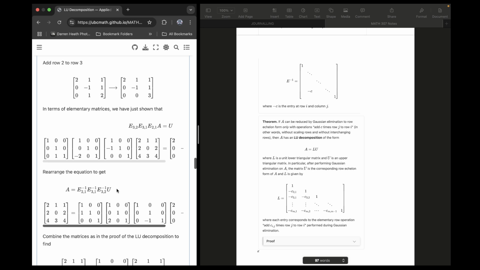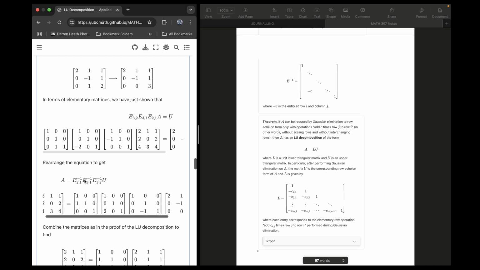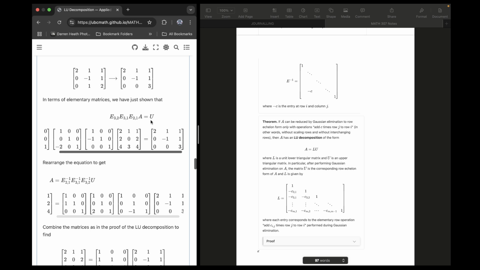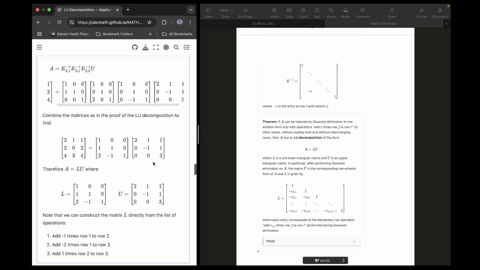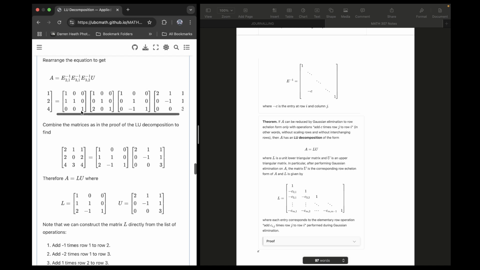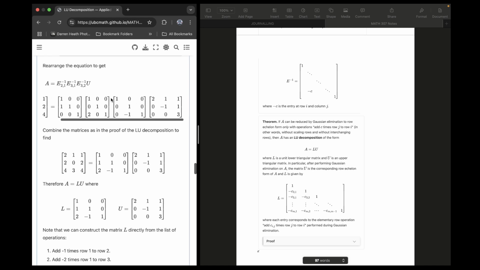That's how. Okay, so we rearrange the equation to get A equals. So we invert it all. Then A is equal to all these matrices.